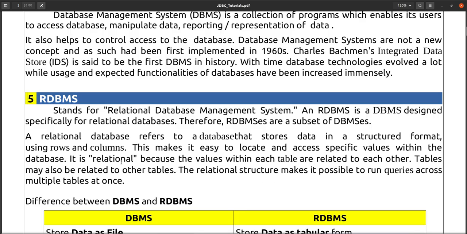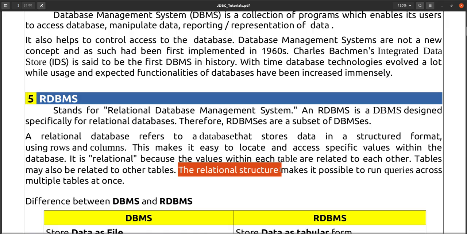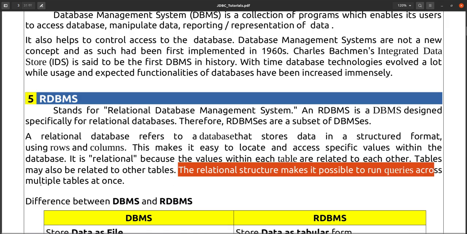It is relational because the values within each table are related to each other. Tables may also be related to other tables. The relational structure makes it possible to run queries across multiple tables at once.